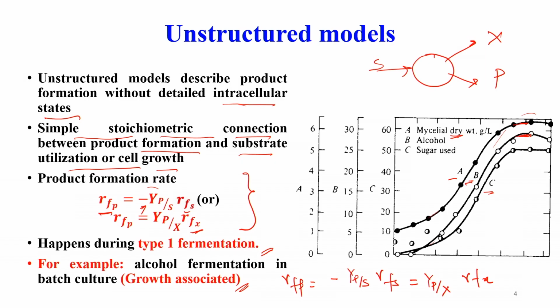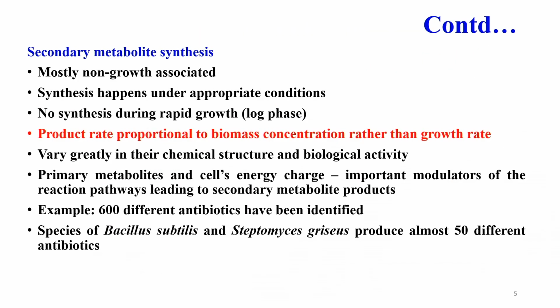So, product formation is taking place during the growth phase, and it is a growth associated product. Further, in the case of secondary metabolites, the product formation takes place during the stationary phase.